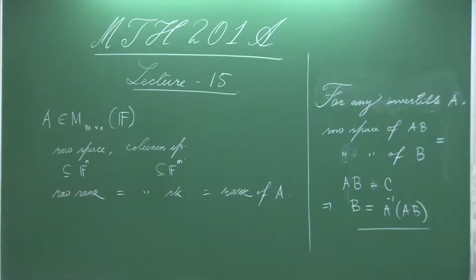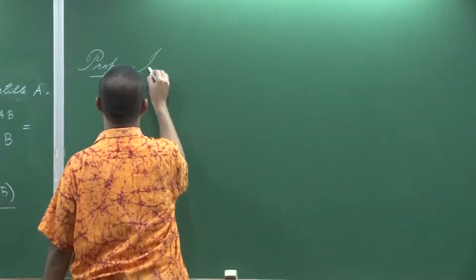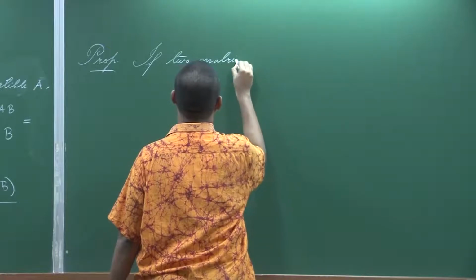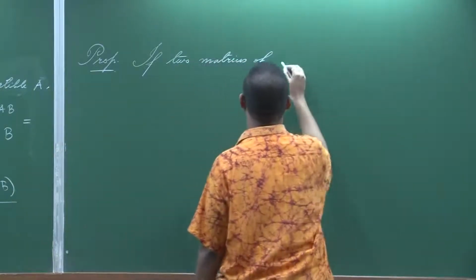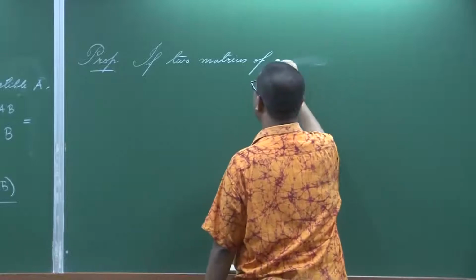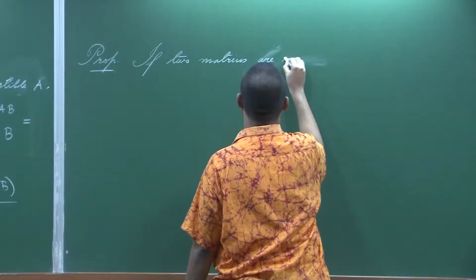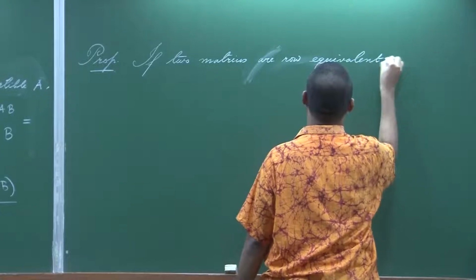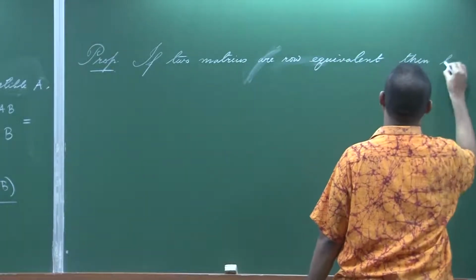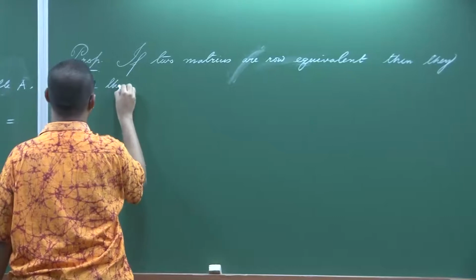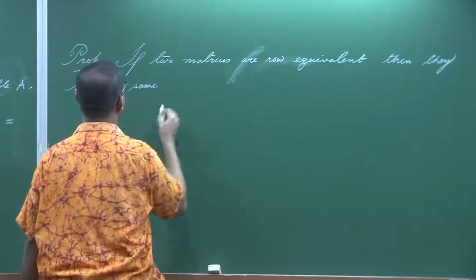So, what we have proved is the following proposition: if two matrices are row equivalent, then they have the same row space.